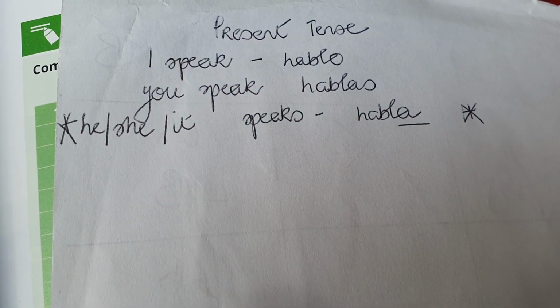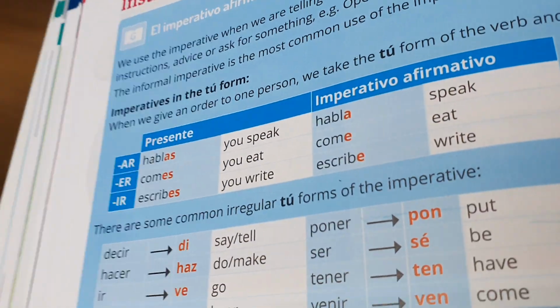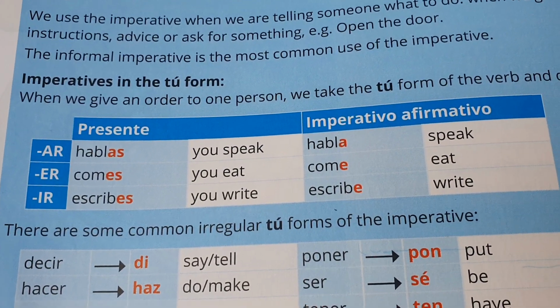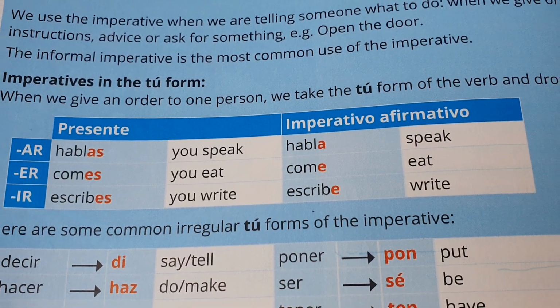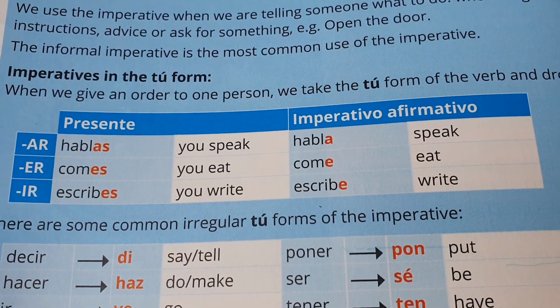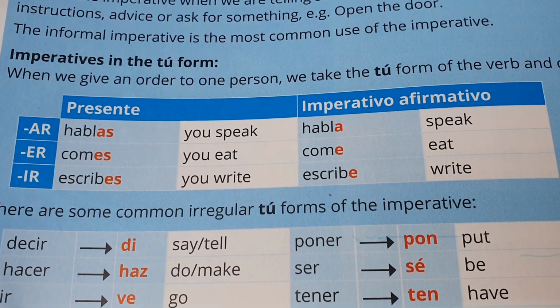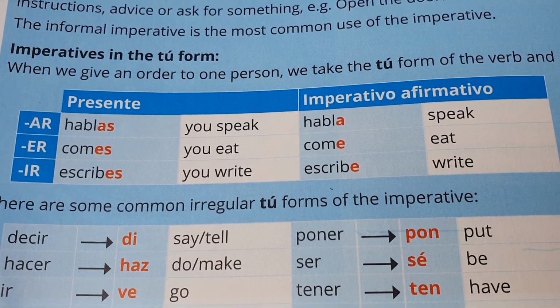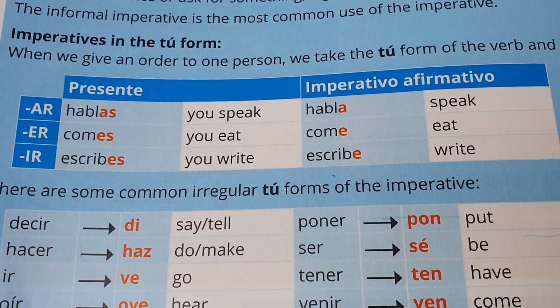That's a friend, etc. Okay, so if we go back to the page then, just as we said, the verb hablar, the he, she person is habla. So that's what you say to a friend then, speak. You'd say habla. If it's an -er verb, it's the third person singular, the he, she one. So come. So if you have younger brothers and sisters, you'd say to one of them, come.